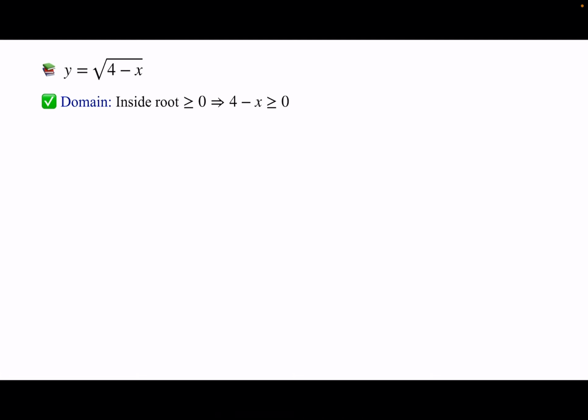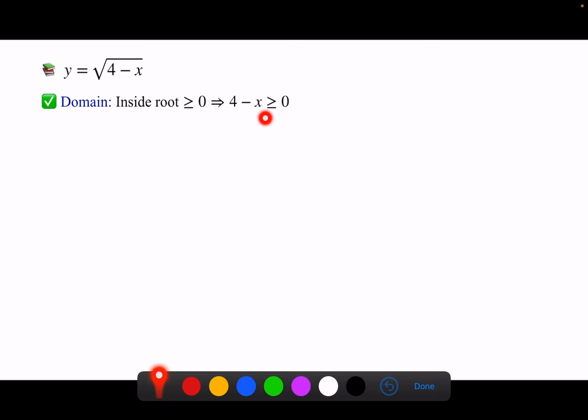So 4 minus x must be greater than or equal to 0. This gives x less than or equal to 4. So this is the domain. We can write the domain as minus infinity to 4. 4 is included in the domain.